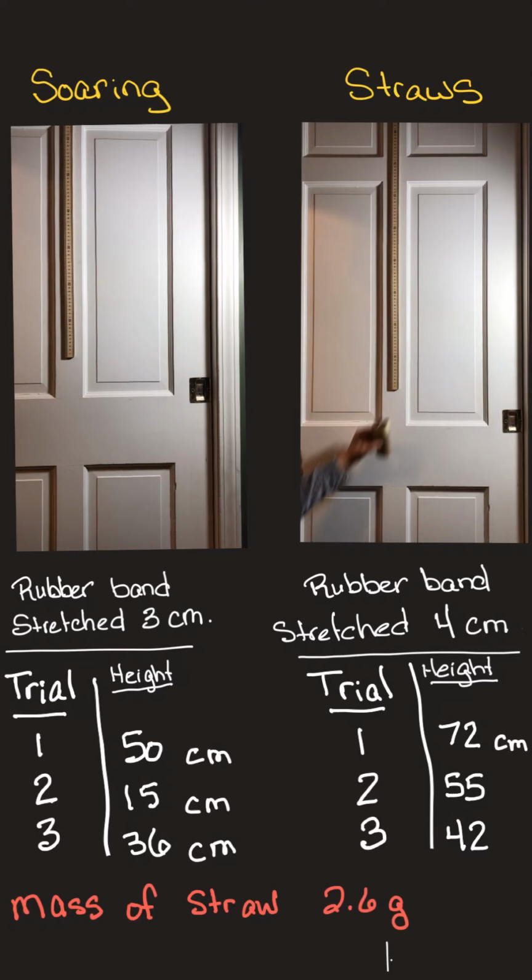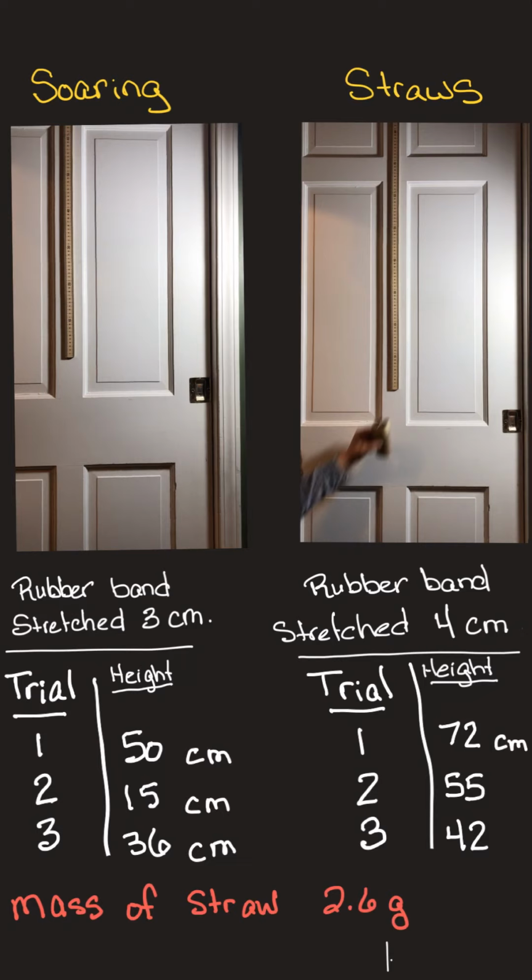Remember to make sure to convert your measurements from centimeters to meters by moving your decimal 2 places to the left. You are also asked to find the gravitational potential energy. Gravitational potential energy is measured in joules.